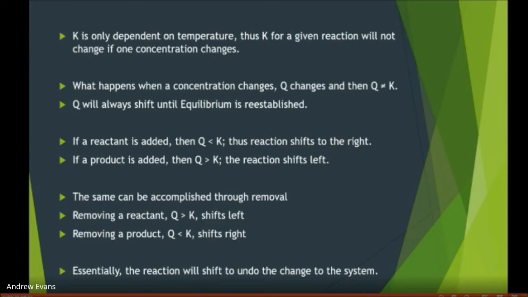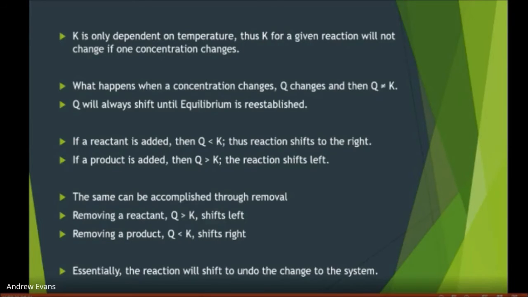Q increases, and thus we have to shift towards reactants. If I remove a product, I decrease the numerator, Q goes down, so I have to shift towards products. So if I remove from the left, it has to replace to the left. If I remove from the right, it has to replace to the right.